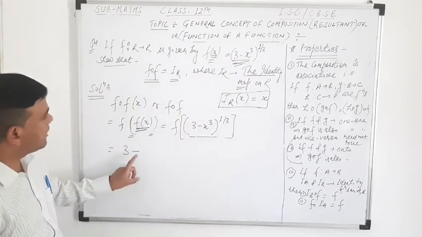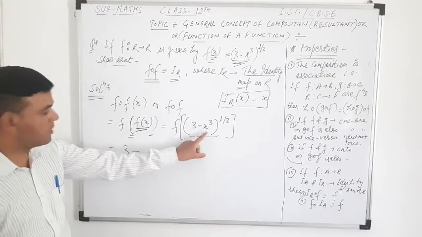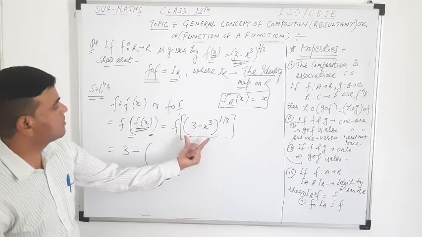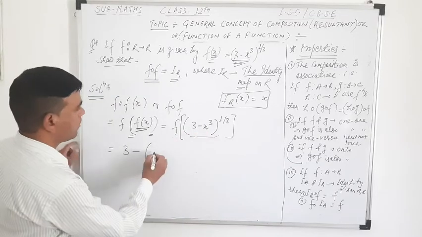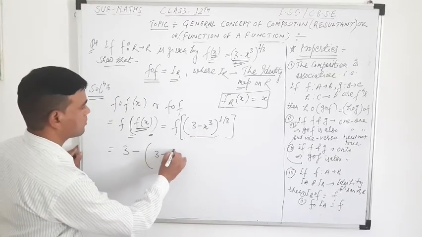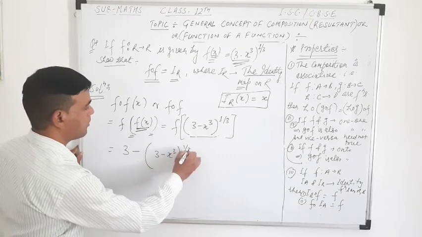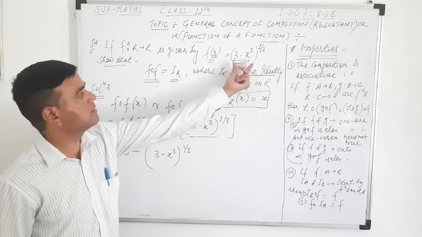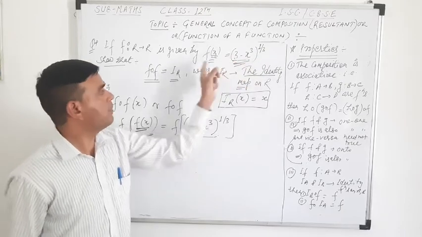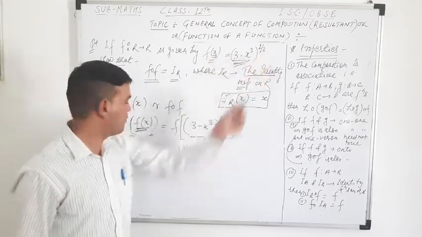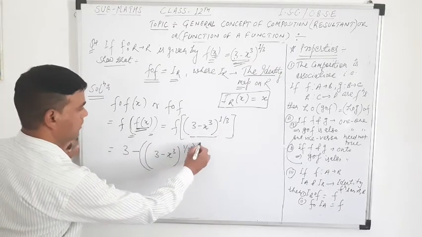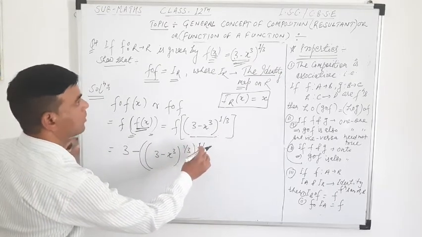In place of x we have this whole one, so you will put 3 minus (x^3)^(1/3). This is for x, and you can easily see this is whole, if x is here then whole power 1 upon 3. So for this you will put the whole power 1 upon 3.